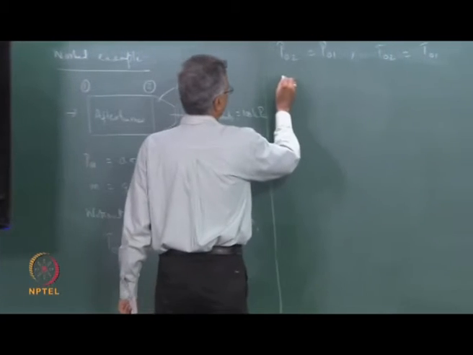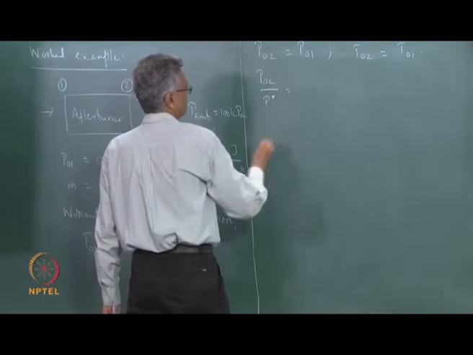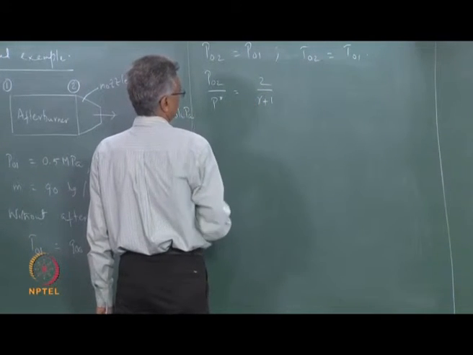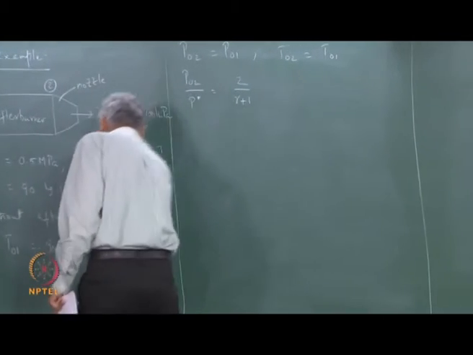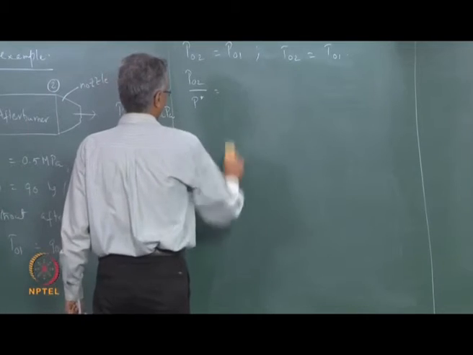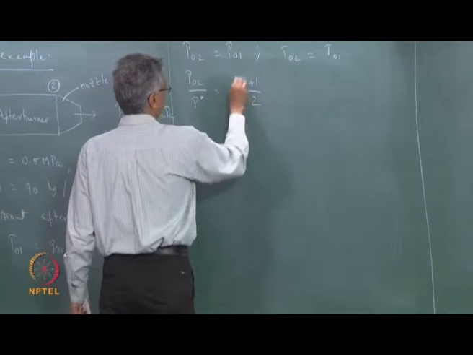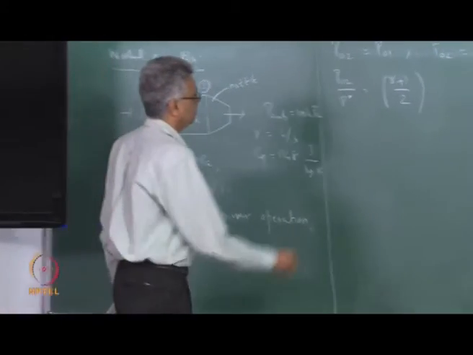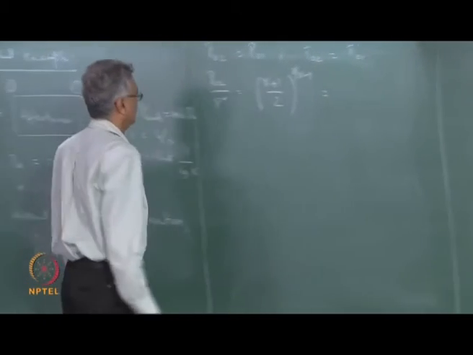And P02 over P star, as you know, is equal to gamma plus 1 over 2 raised to the power gamma over gamma minus 1.